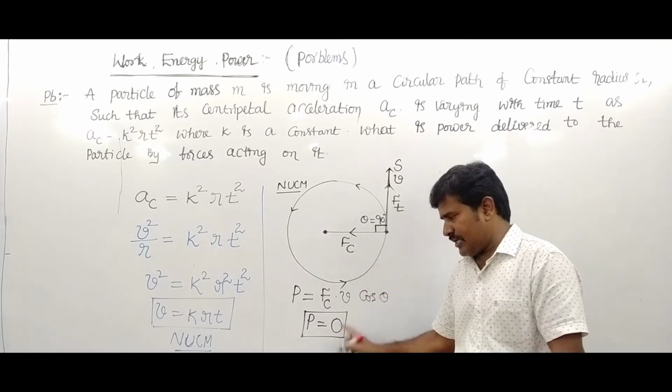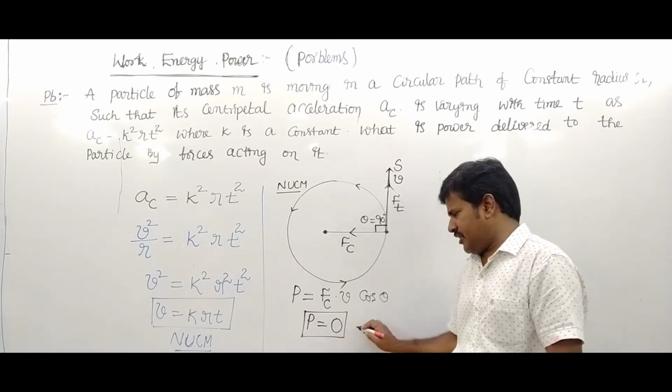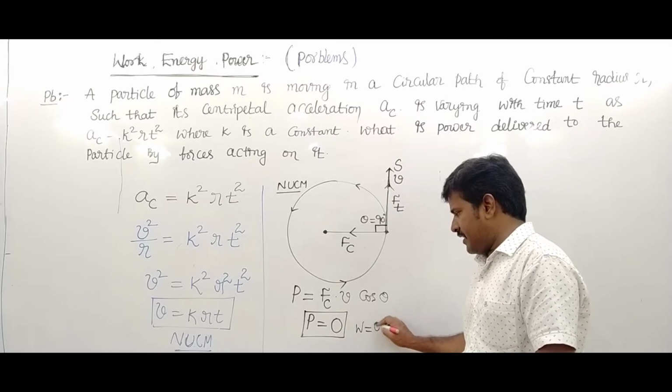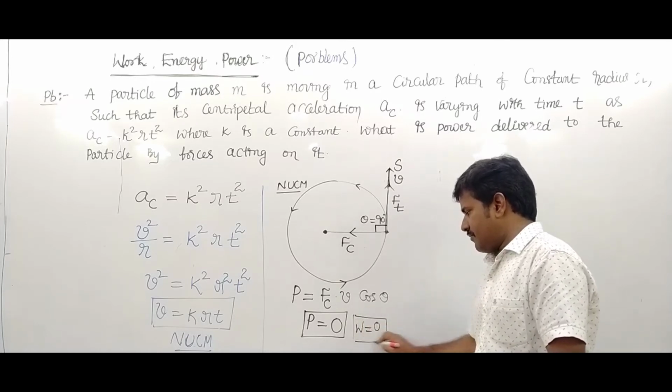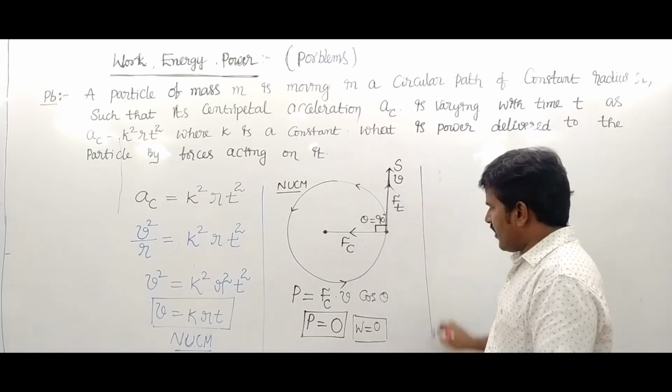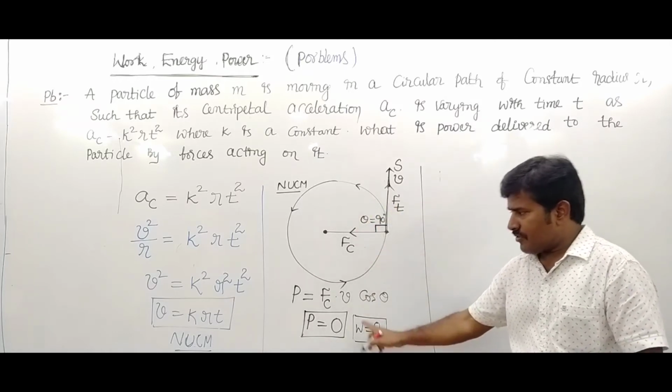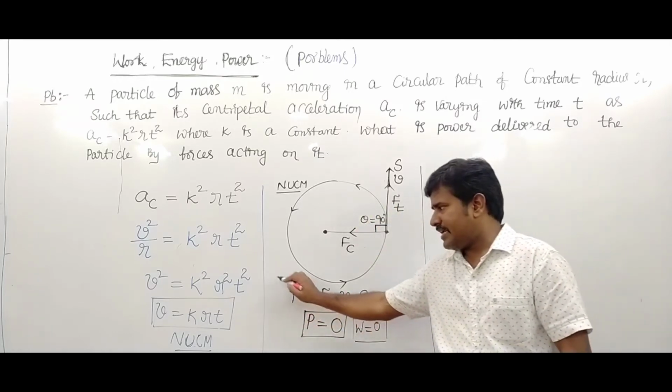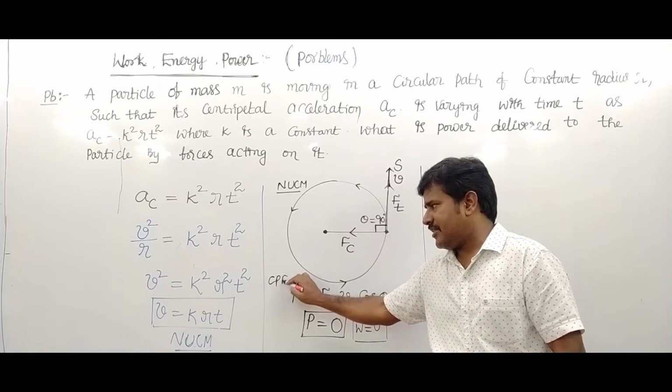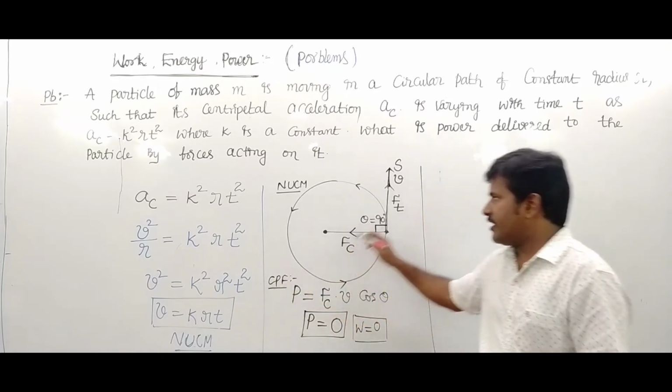Power due to centripetal force is 0, and work done is also 0, since power is work upon time.